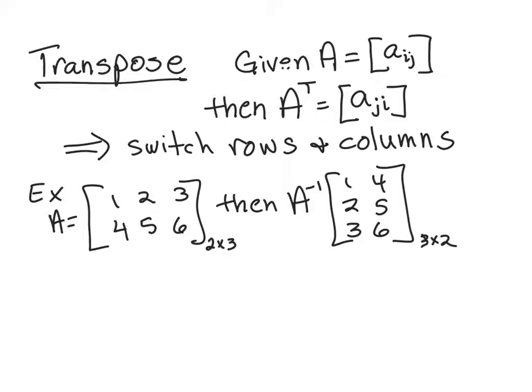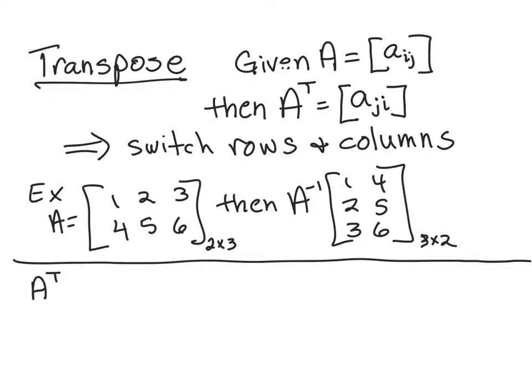You can transpose any size matrix, and transposes have special properties and uses, and we'll get into that later on. Properties of transposes: if I transpose A transpose again, I flip the rows and the columns, and then flip them again, and I end up right back where I started.